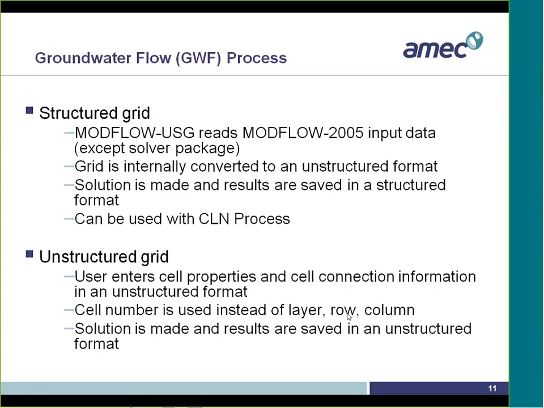Cell numbers are used instead of layer, row, column. So when you are applying boundary conditions, for instance, instead of saying layer, row, column and boundary condition, you would be saying cell number and boundary condition. The solution is made and results are saved in an unstructured format. So you cannot read unstructured format output with your MODFLOW 2005 binary file readers.